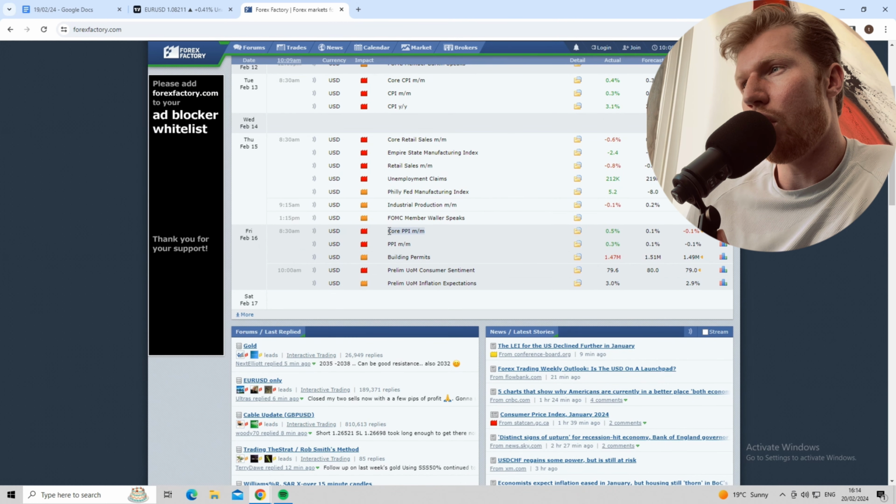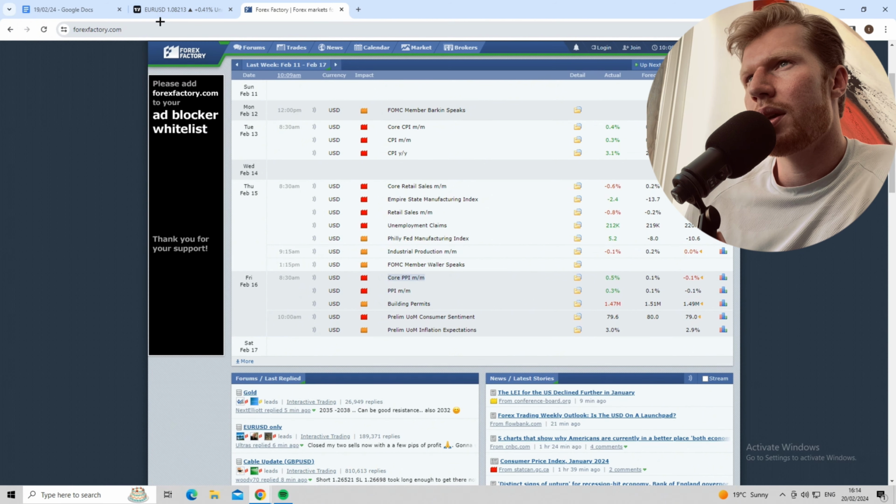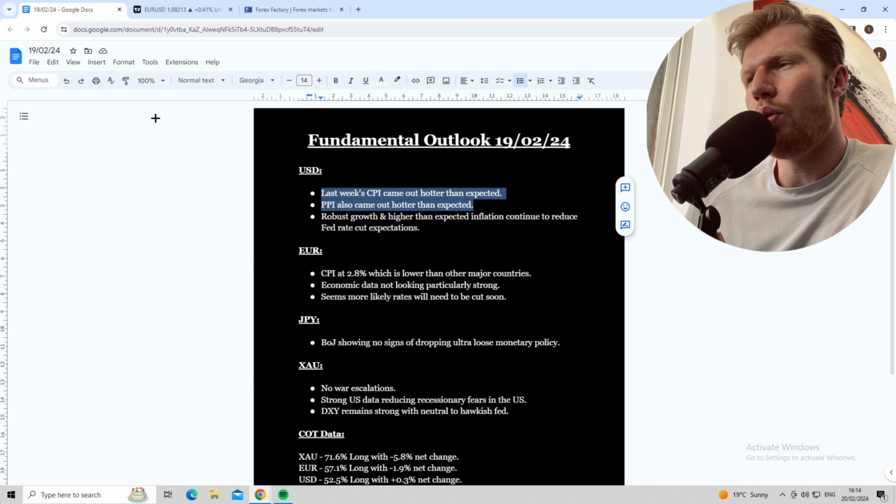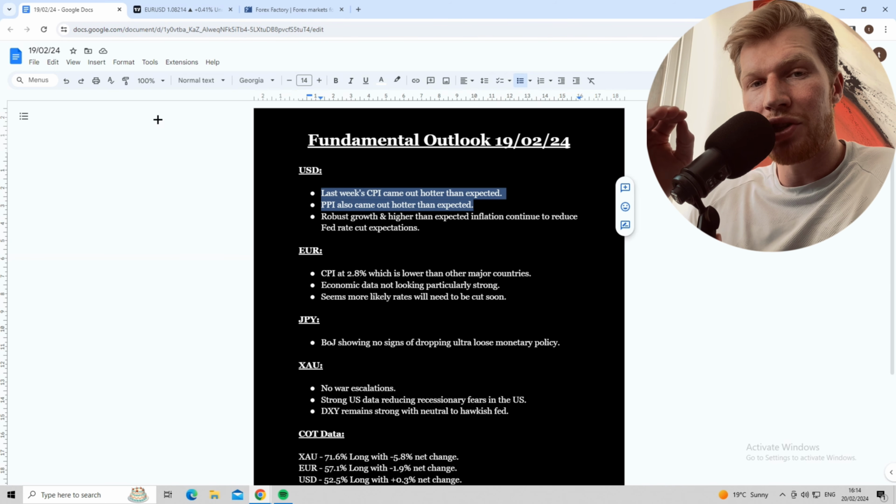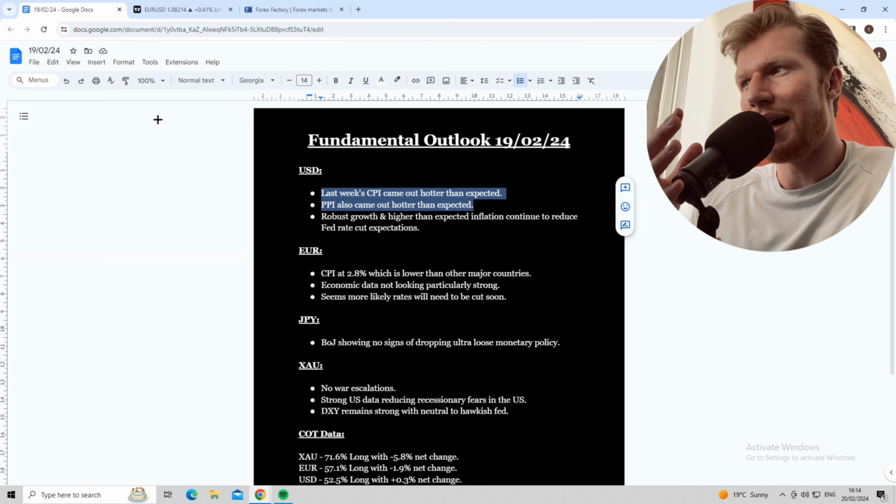But we then also saw core PPI come out again hotter than expected, right? So how I'm seeing it with the US is the following: we've got inflation remaining sticky, and we've got very robust growth data.